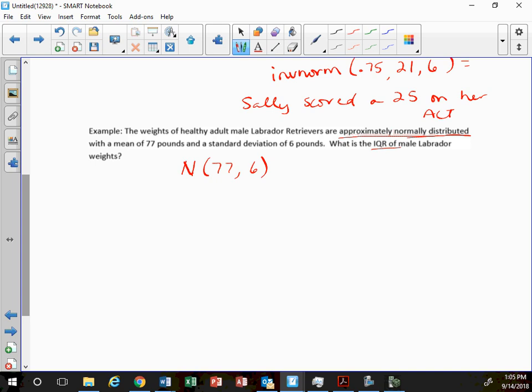Wait. Calculator border. Okay, so that's your backup. I can't spell.